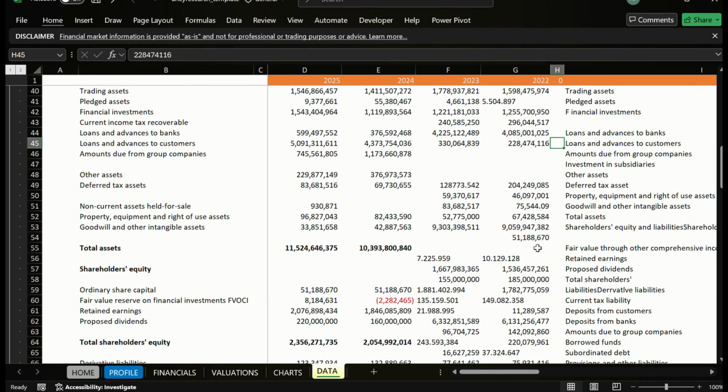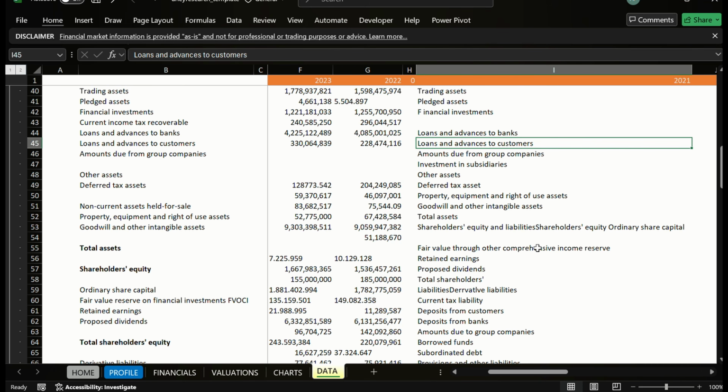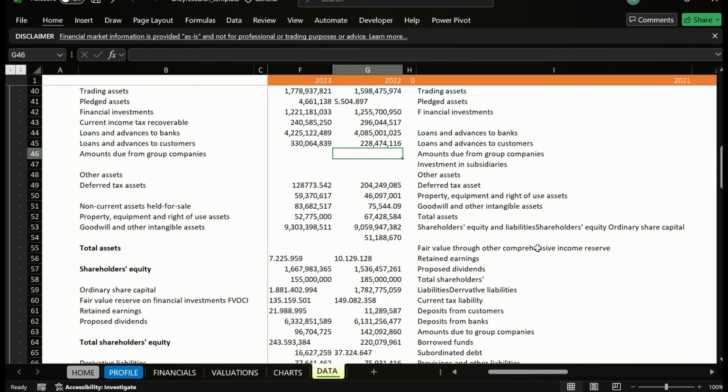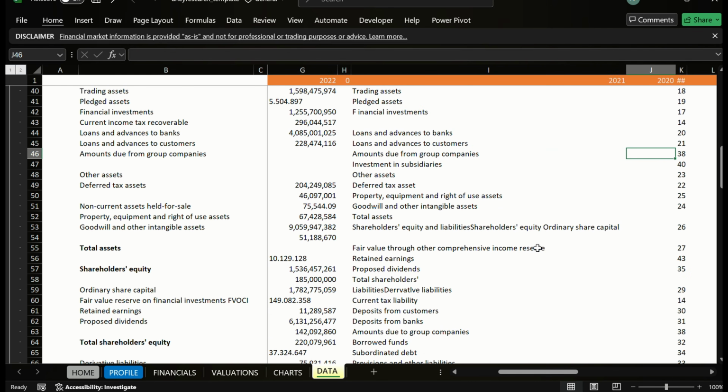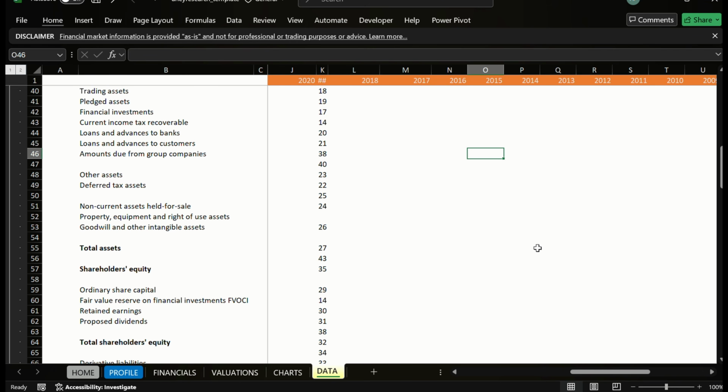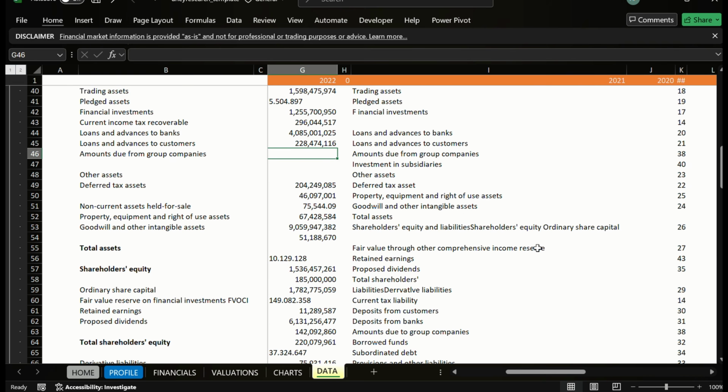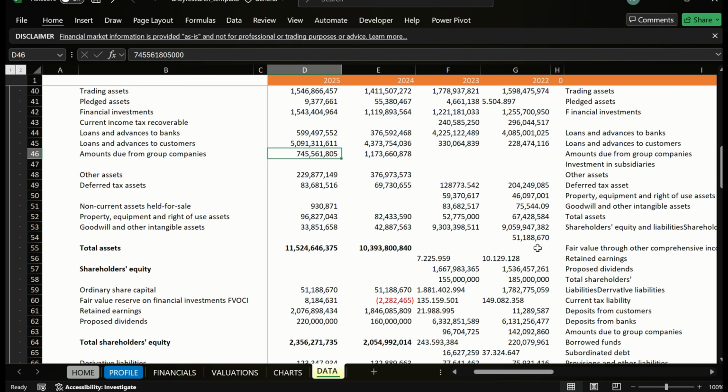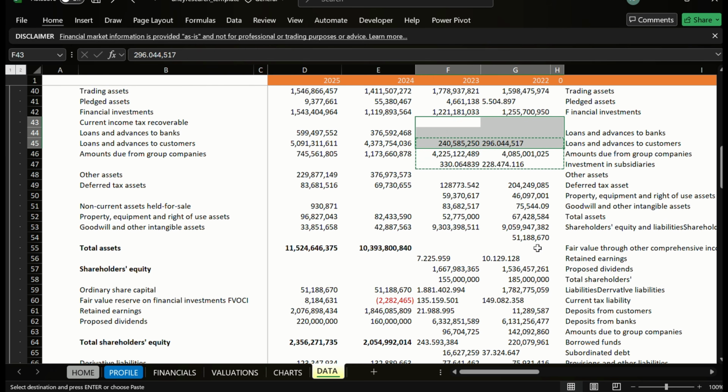Amounts due from companies. We have a header here, do everything manually.